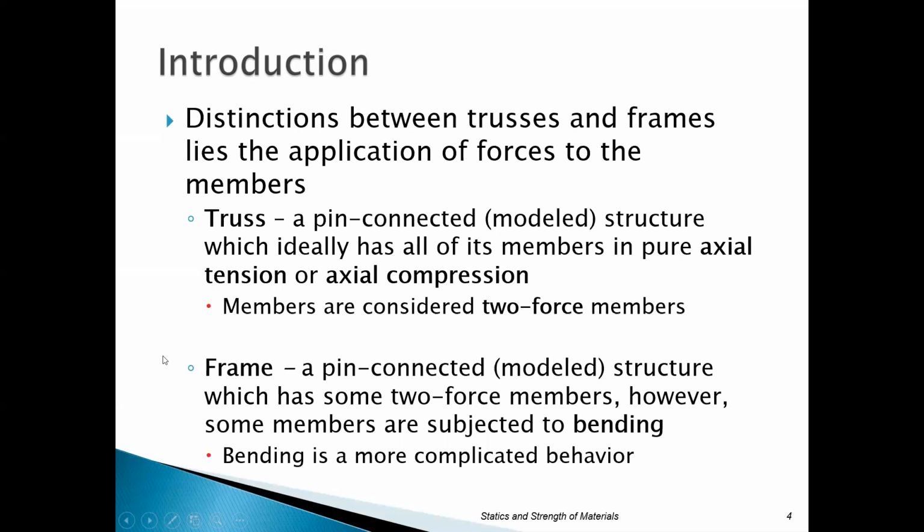Frames can be a little tricky if you go in and do some of the connections. With trusses, you're solving the member forces, tension or compression. In frames, you're kind of solving the pin connection forces. It's a little bit different, but the good news is we don't have to deal with frames, just trusses.